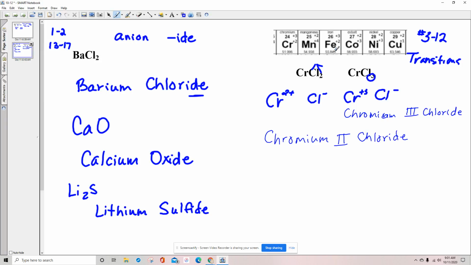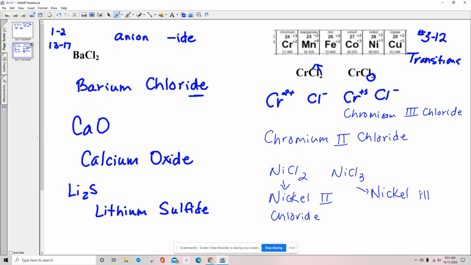So it's like if I had NiCl2 or NiCl3, this one would be nickel(II) chloride, and this one would be nickel(III) chloride.